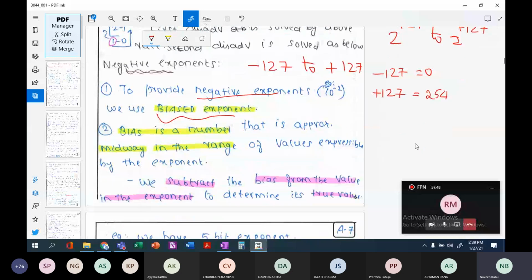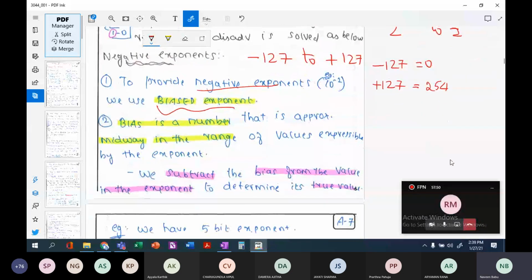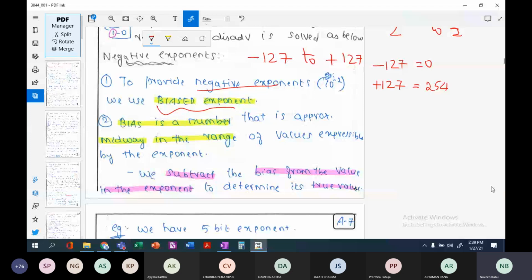With this in mind, I'm going to give you a very simple question here. How is 100 represented? What is 100 equivalent to by this biased exponent value? If 100 is given in the exponent, all you need to do is subtract 127 from it.